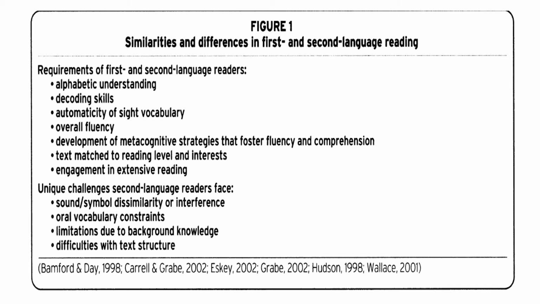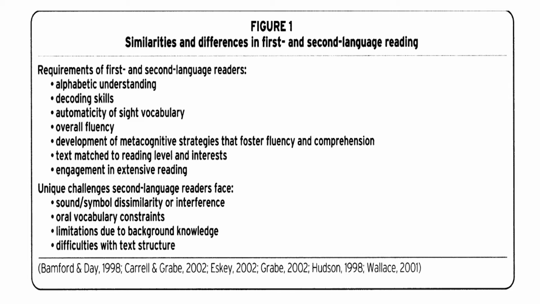They need to have decoding skills, which means they should be able to sound out what's written. To be able to read at any speed, they need to read the vocabulary almost automatically. They should have overall fluency. They need to develop some metacognitive strategies, for example, some sort of planning, what to read and how to read it.